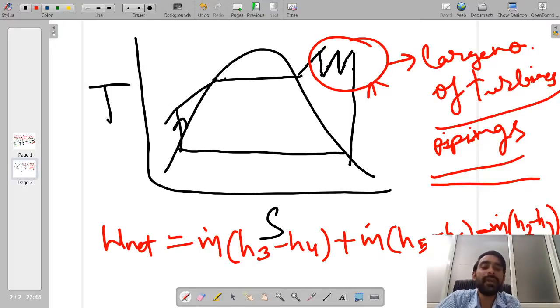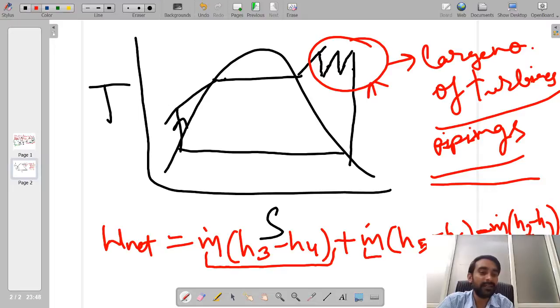So this will be our new net work, because we are having work first in the high pressure stage of the turbine, and then certain amount of work in the low pressure stage of the turbine, which is m dot into H5 minus H6, and then we are having pump work as m dot into H2 minus H1.